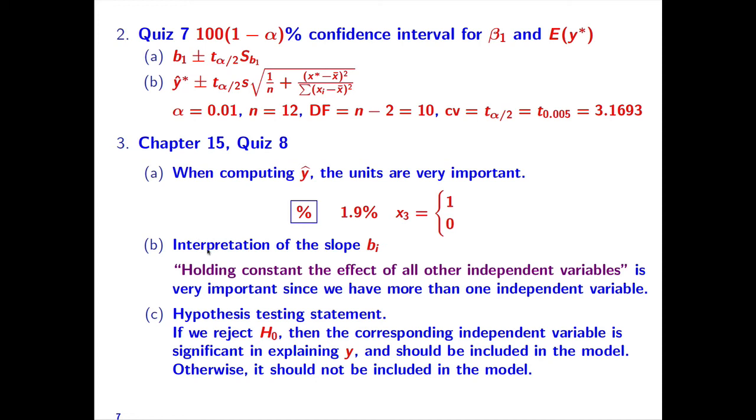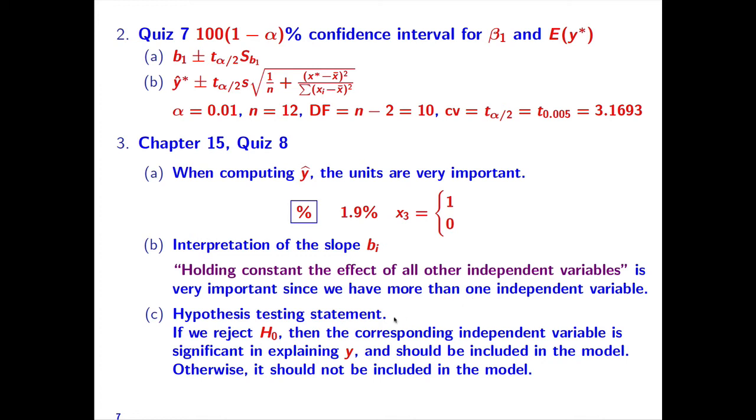B, when we do the interpretation of the slope bi, the statement "holding constant the effect of all other independent variables" is very important since we have more than one independent variable.